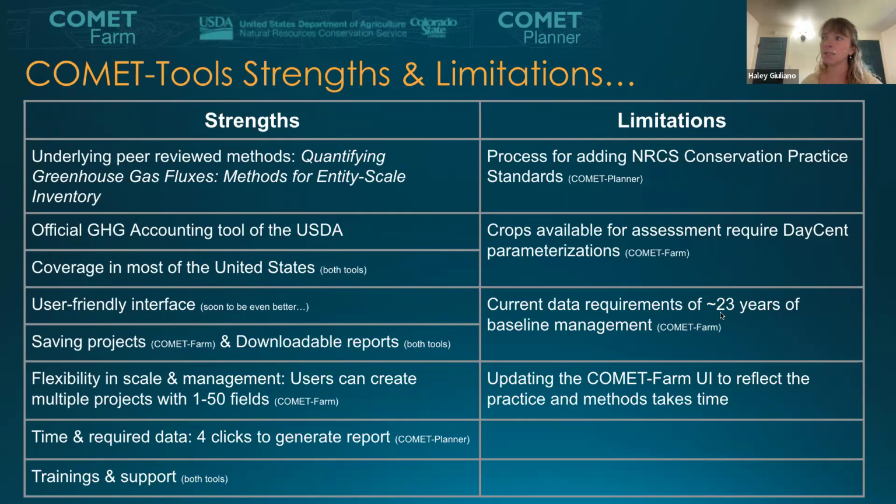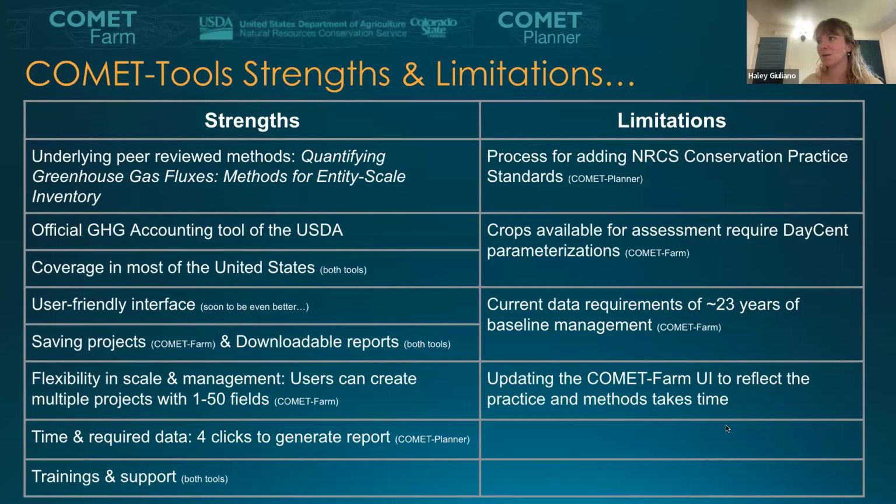Currently, COMET Farm does require a long baseline, which is currently 23 years of baseline data. There are some workarounds that we can talk about in a few slides, but we're going to move that over to strengths in a few months because we're dropping that baseline requirement to 5 years for the new interface.